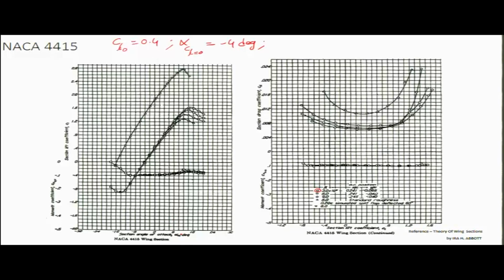And we have to figure out what is the Cl max of this. Now can we identify the linear regime of angle of attack? So for this circular marker, the one which is above here, this is the Cl versus alpha data at 3 million Reynolds number, right.